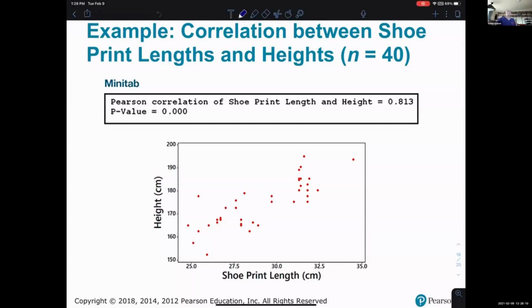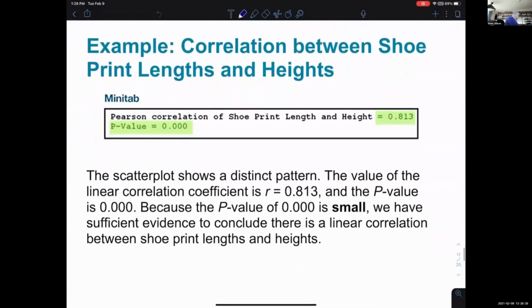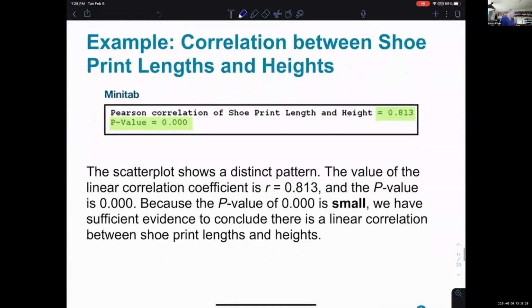Now it says here the Pearson correlation of shoe print length and height equals 0.813, and the p-value is 0.000. So let's see if they give us a slide to interpret this. The scatter plot shows a distinct pattern.